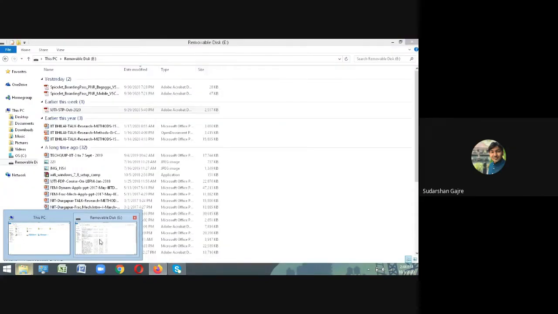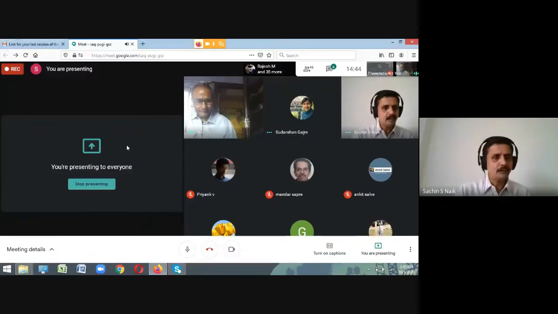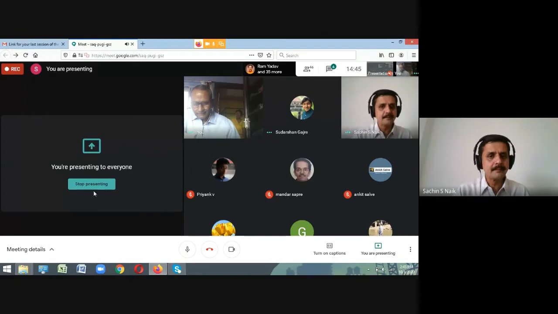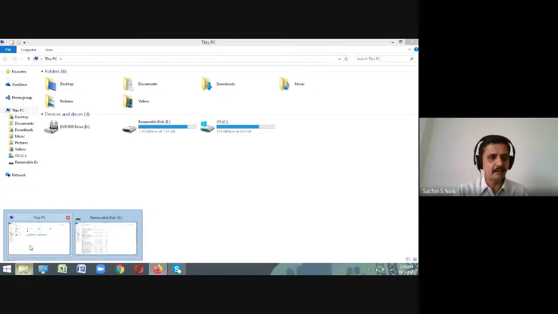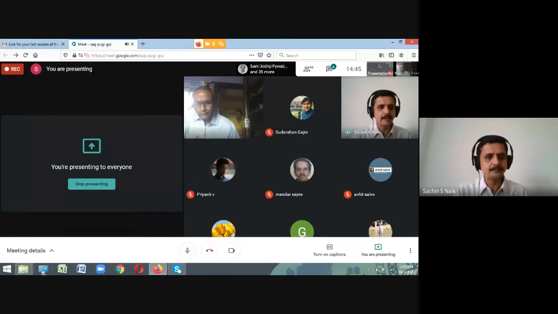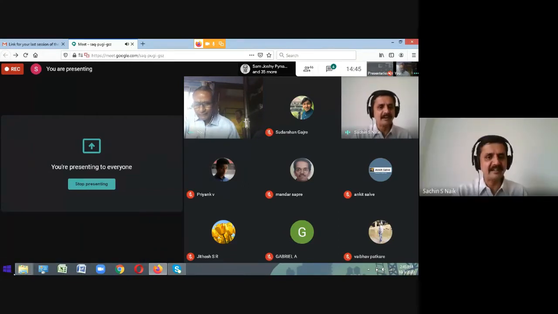This PC and removable disk. Can you locate your file from one of those screens and double click it there? This PC one is about the PC. Another one is removable disk, E-drive.